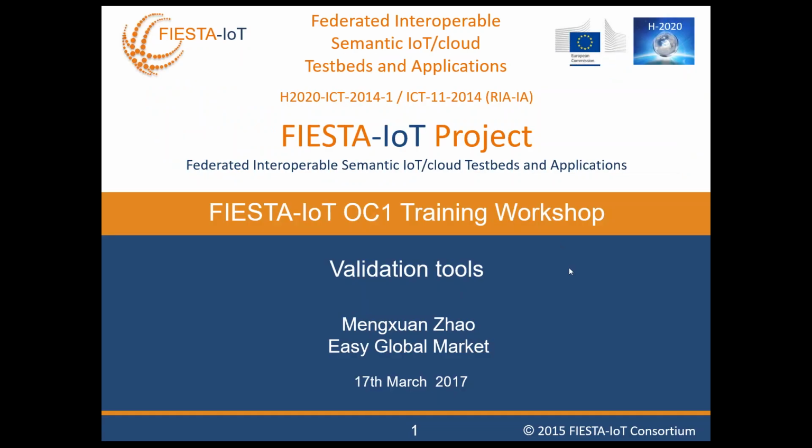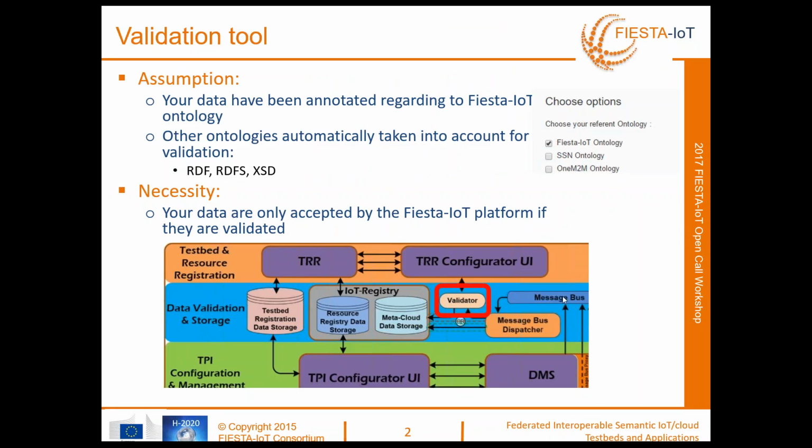So this part is about validation tools that we provide in FIESTA platform. As already presented by the previous presentations, in this architecture view of the platform, you can see the validator is in the middle of the platform. So basically, from the point of view of your test beds, you will not interact directly with the validator.